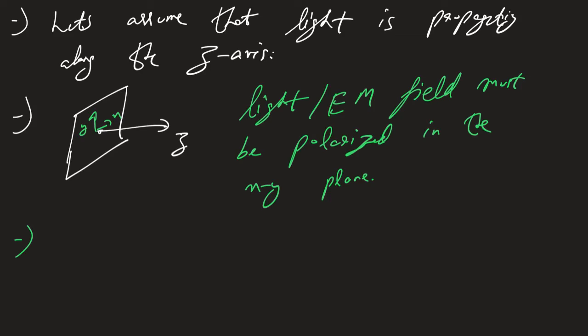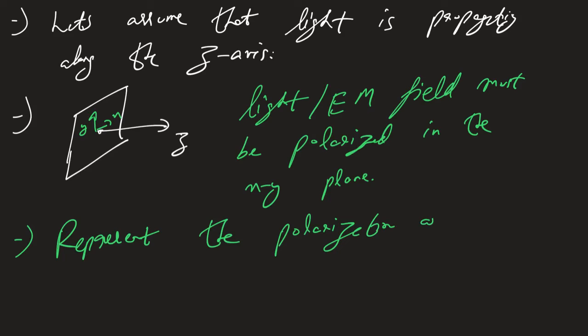And so what we can do is represent the polarization as a linear combination of two orthogonal vectors.